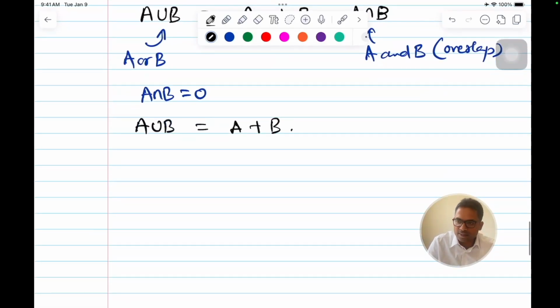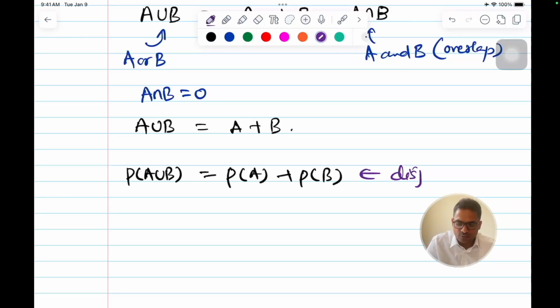And in terms of probability, we can say that the probability of A union B is equal to the probability of A plus the probability of B for disjoint or mutually exclusive events.